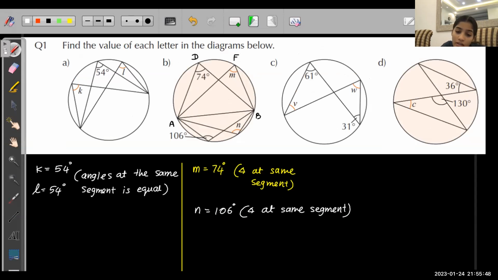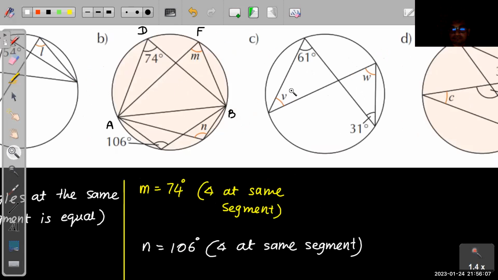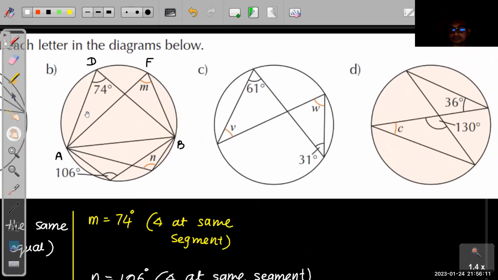Okay, so for C, would 61 and V be the same? Let me zoom it up for you. Which one is the same as 61?